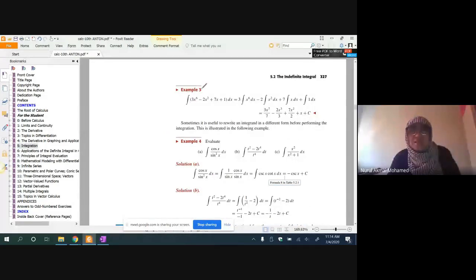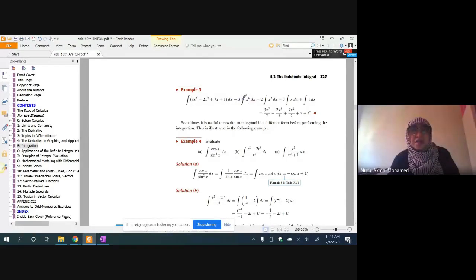Okay, next, example 3, which is 3x to the power of 6 minus 2x squared plus 7x plus 1. So this is just a polynomial, which is in terms of plus and minus of power functions. So you can segregate. The 3 is a constant. You can always take it out from the integration sign.